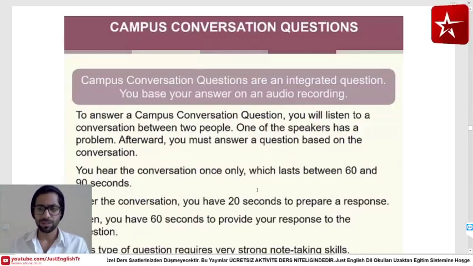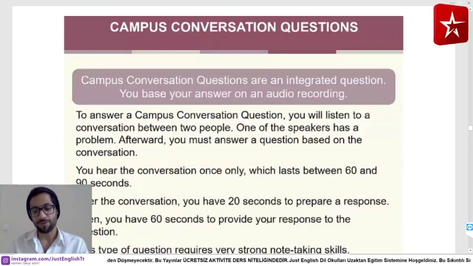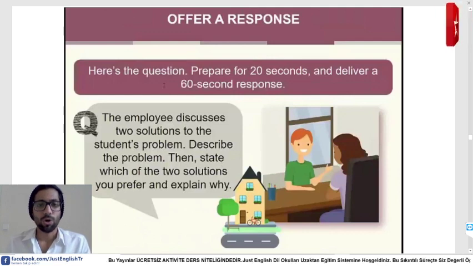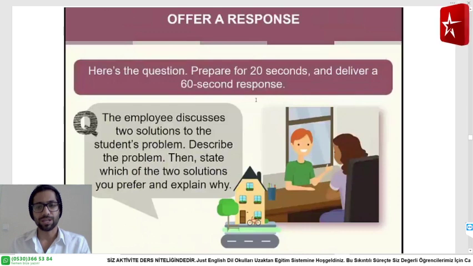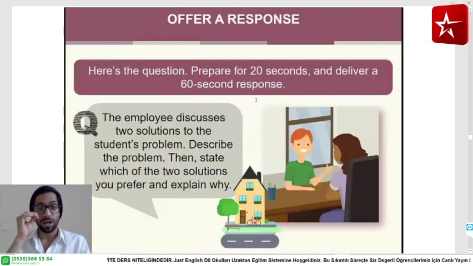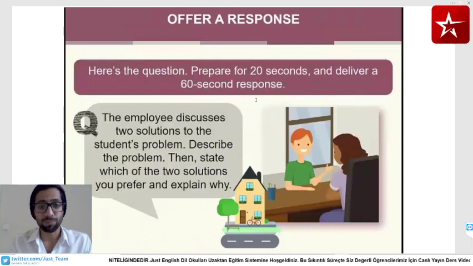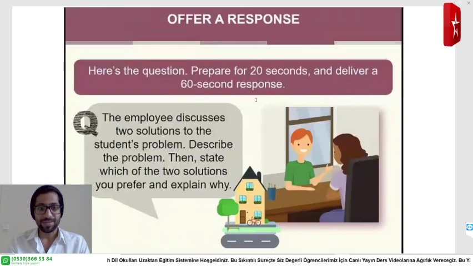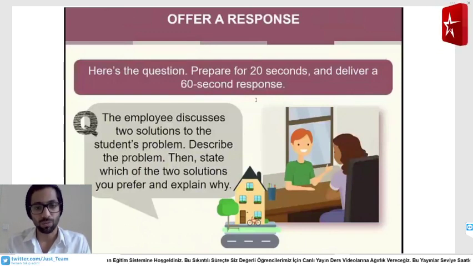Look, he really urged you to make very strong notes. You know? Offer a response. So, preparing 20 seconds and you will deliver your answer. This is an example. The employee discussed 2 solutions to the student's problem. Describe the problem, then state which of the 2 solutions you prefer and explain why.